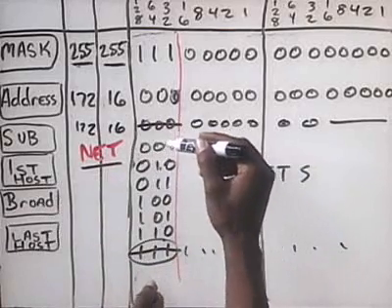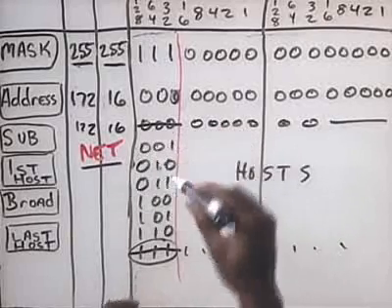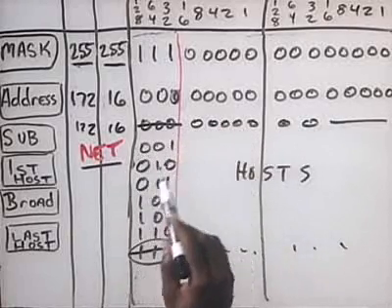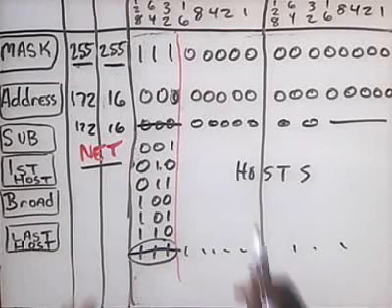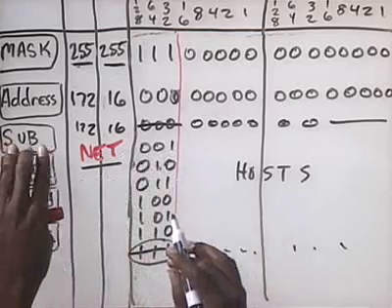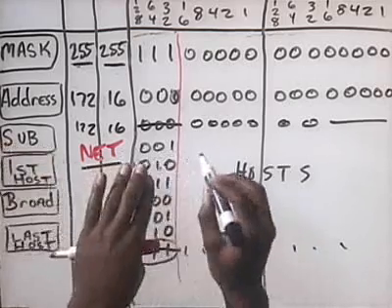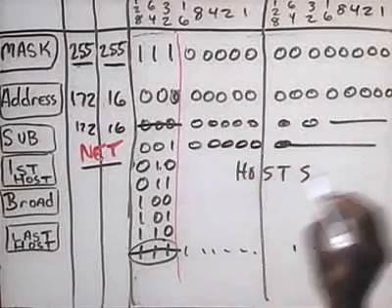So here is where we come up with the remaining valid subnets. We've got 1, 2, 3, 4, 5, 6 valid subnets that we can use. Let's take a look at what this first subnet number is. Remember, the subnet address rule is set all host bits to 0. So we set all these host bits to 0.